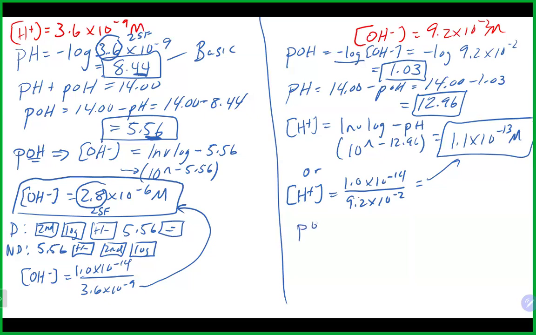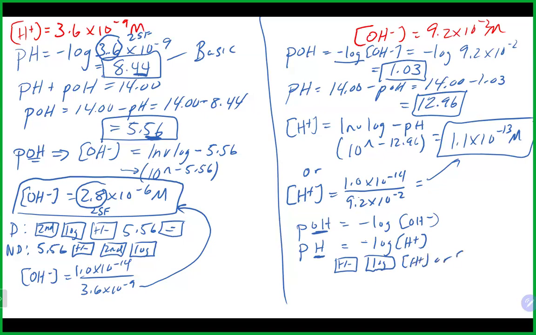The pOH is equal to negative log of the OH minus, and that's pretty much identical to this calculation, which is the pH is minus the log of the H plus. And that's how we get to each of those numbers. This is punched in on the calculator as negative button, log button, and then either your H plus concentration or your OH minus concentration.